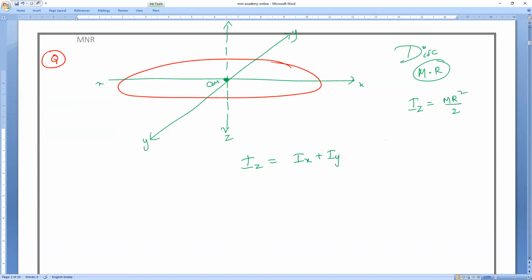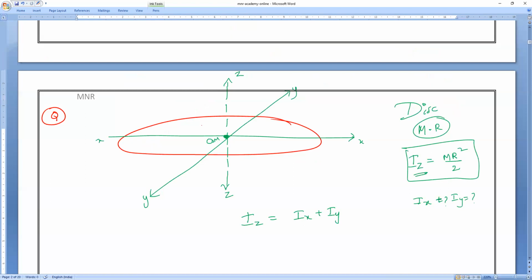Observe very carefully. We know the moment of inertia in the z-axis. We want the moment of inertia in the x-axis plus the moment of inertia in the y-axis. Now, if you have a two-dimensional body and you cut it through the x-axis or through the y-axis, whatever it is, does it look symmetrical or not?